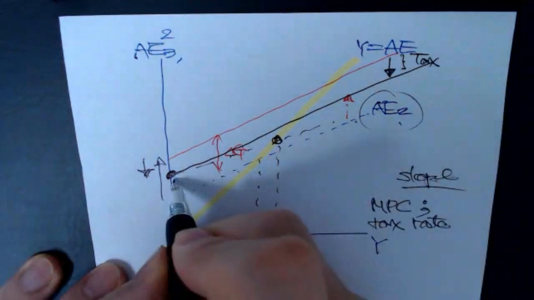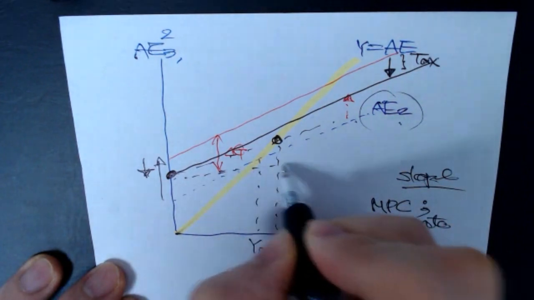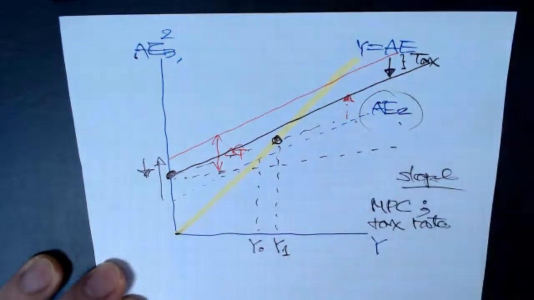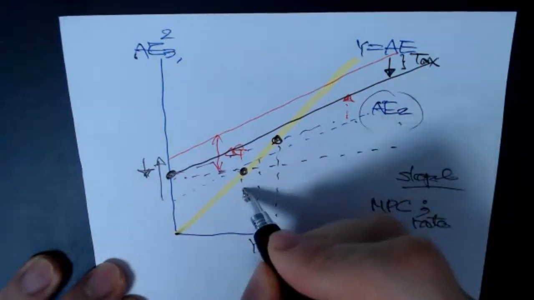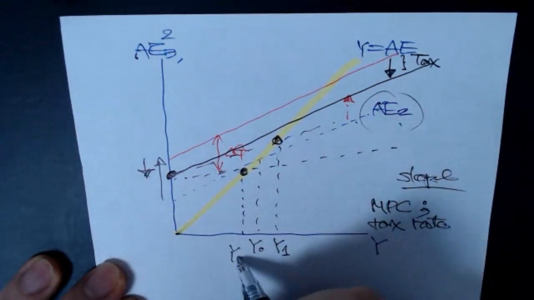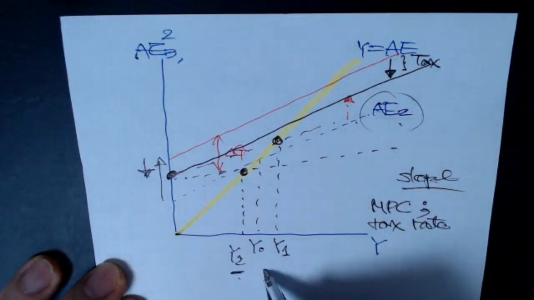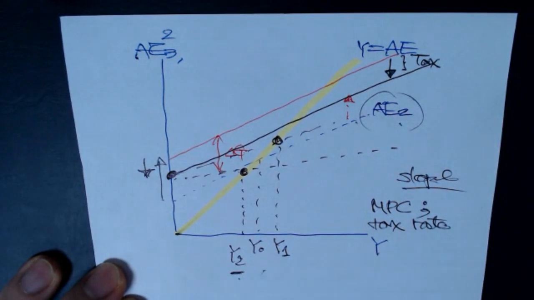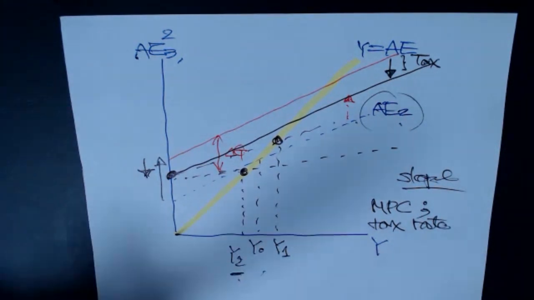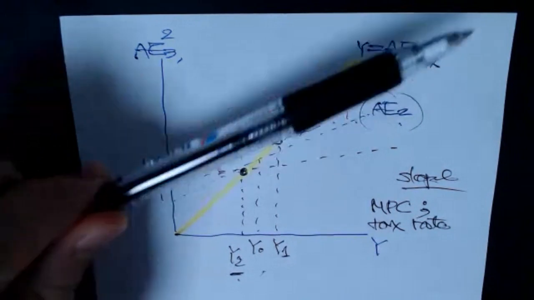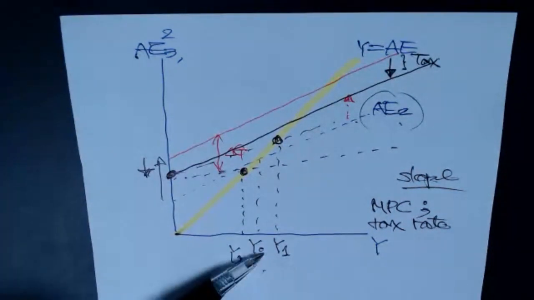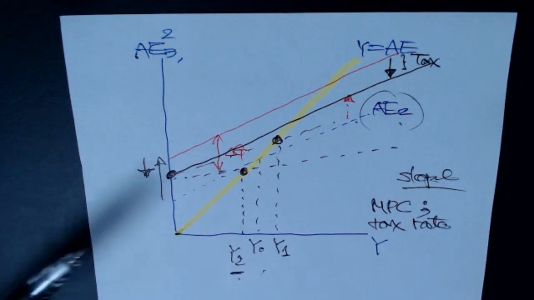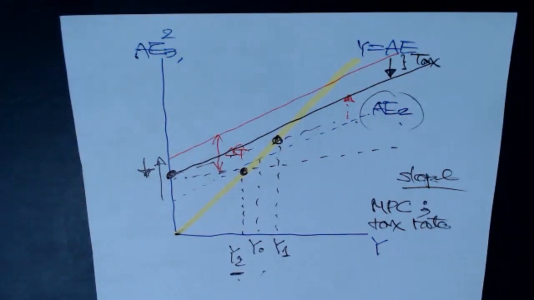But if the aggregate expenditure flattens much like this due to a very high tax rate, then we're going to have a new equilibrium here, Y2, which is smaller than the two-sector equilibrium. So it depends on the amount of tax and the tax rate, whether this economy would produce more or less than in the two-sector model.